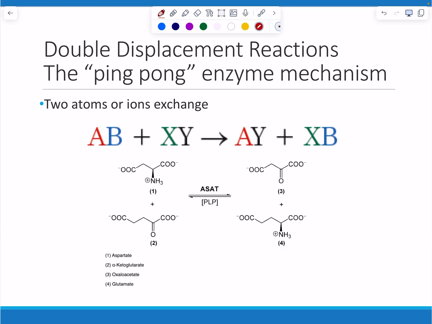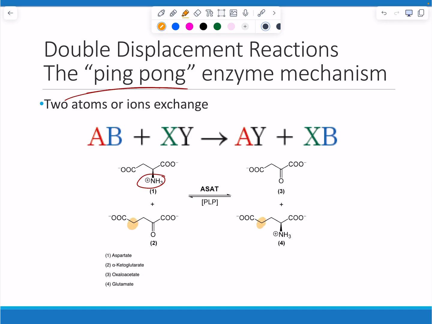And so there's something called a ping pong enzyme mechanism, where you have 2 atoms or ions that are exchanging. So, in this case here, you have two separate molecules, and they look very similar, right? But there is a distinct difference. So there's an extra carbon here.